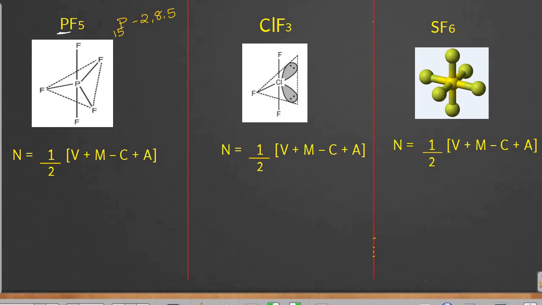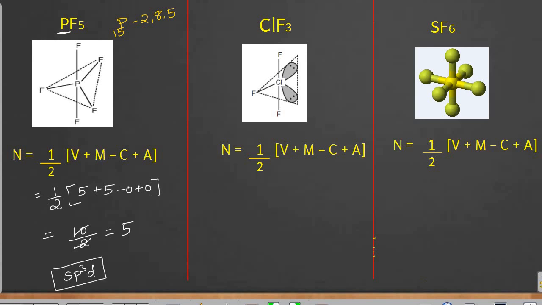The valency of phosphorus is 5, plus monovalent atoms, also 5. There is no cation or anion, so write 0, 0, and you get 10 divided by 2. The n value is 5, so 5 means sp3d hybridization. Let's move to the next one.